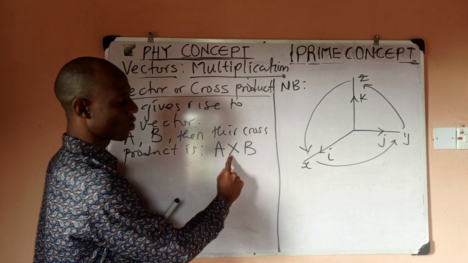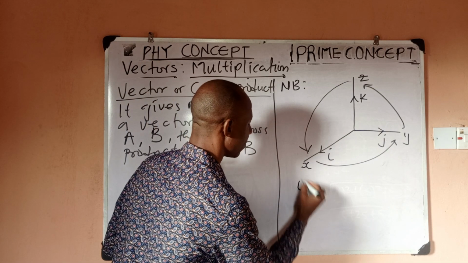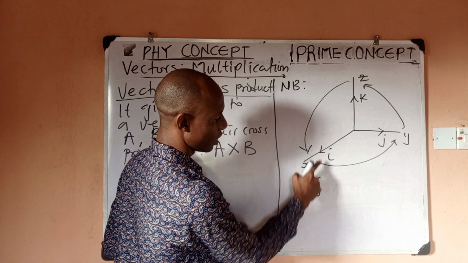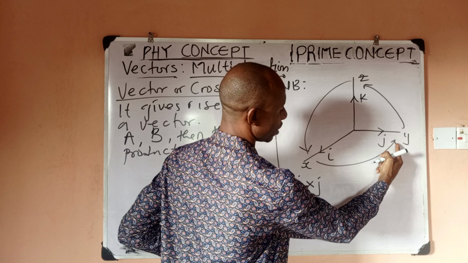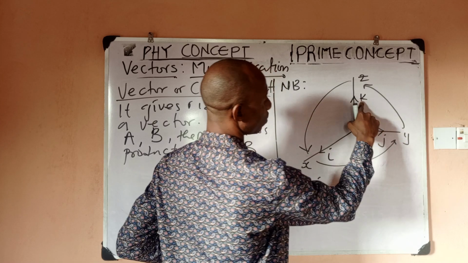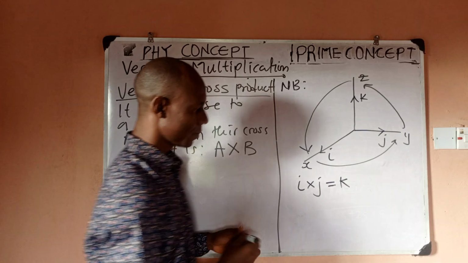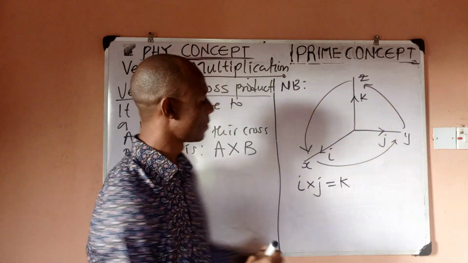Remember, this is the symbol for cross or vector product. Now, first thing is when I have i cross j. Now watch. You're moving from i cross j. After this, where would it go to? To k. So it means that i cross j would be equal to k. i to j would lead you to k, right?